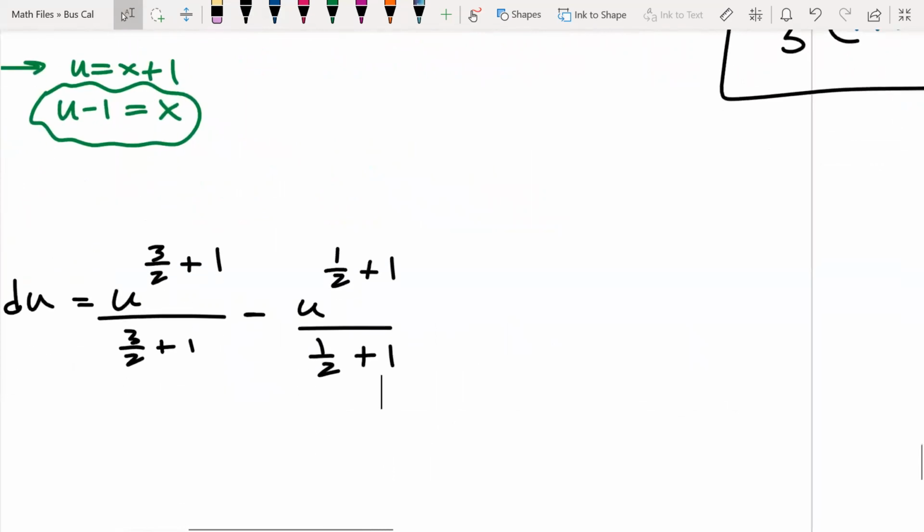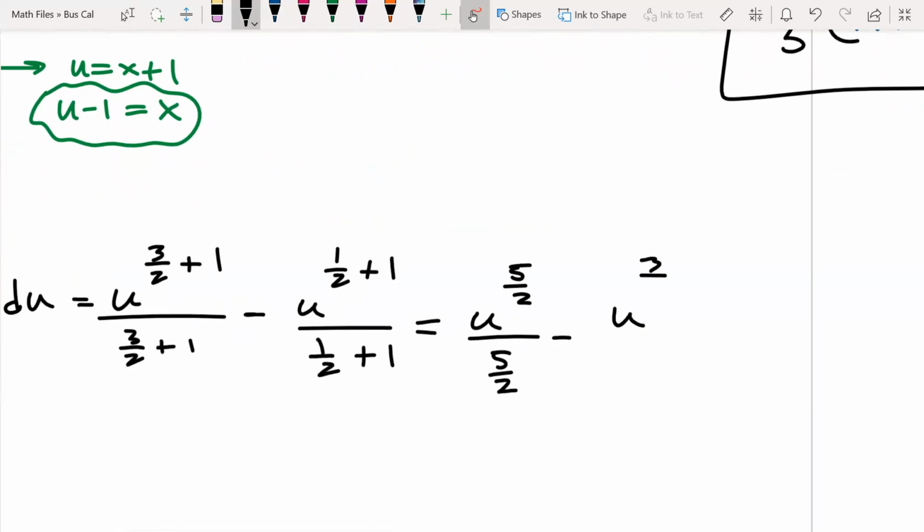Clean up, clean up, clean up. And this is going to be u to the 5/2 over 5/2 minus u to the 3/2 over 3/2.